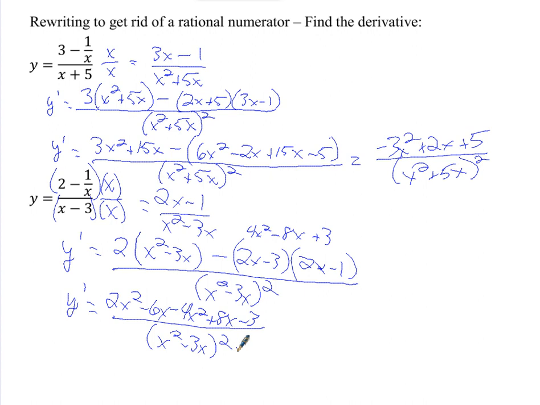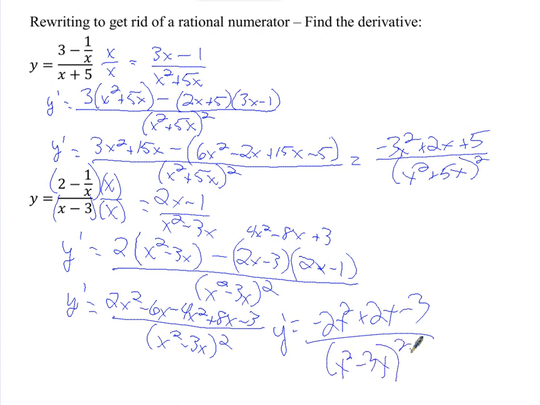Now simplifying is just a matter of combining like terms without worrying about negative signs. So this is y prime equals negative 2x squared plus 2x minus 3 over x squared minus 3x squared. Done.